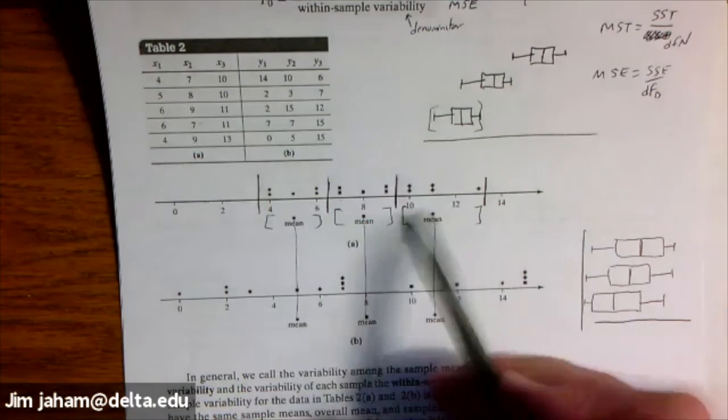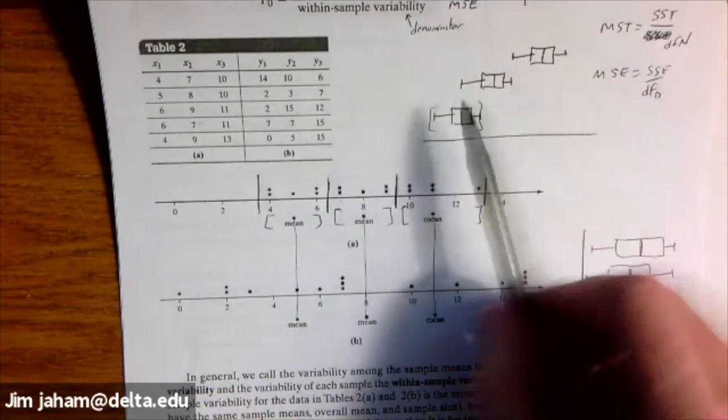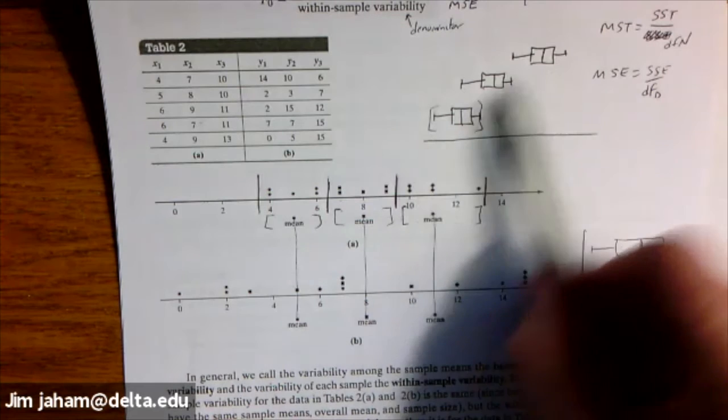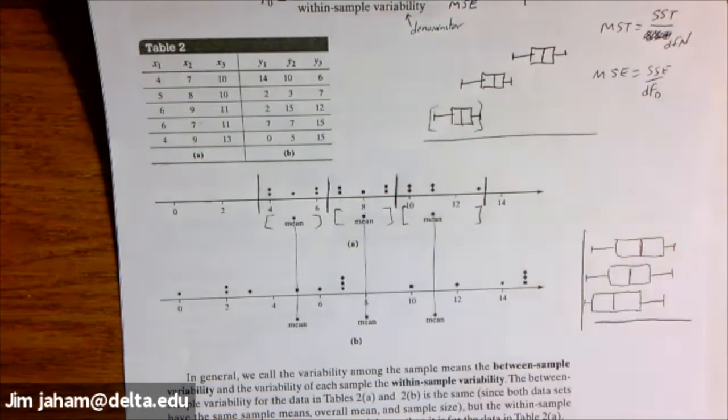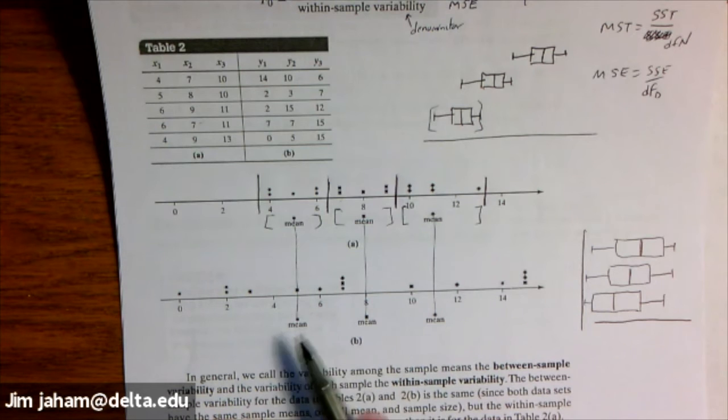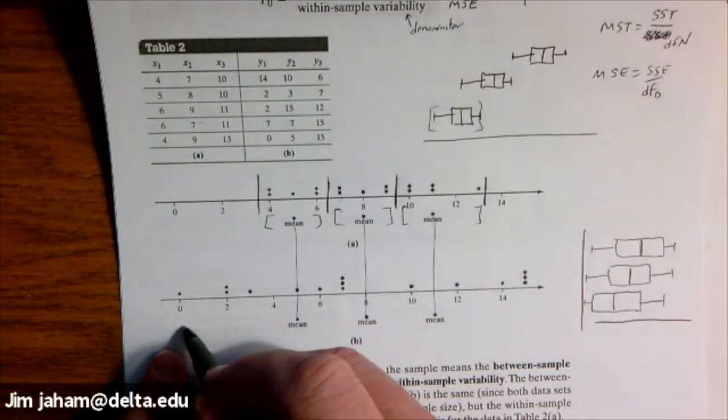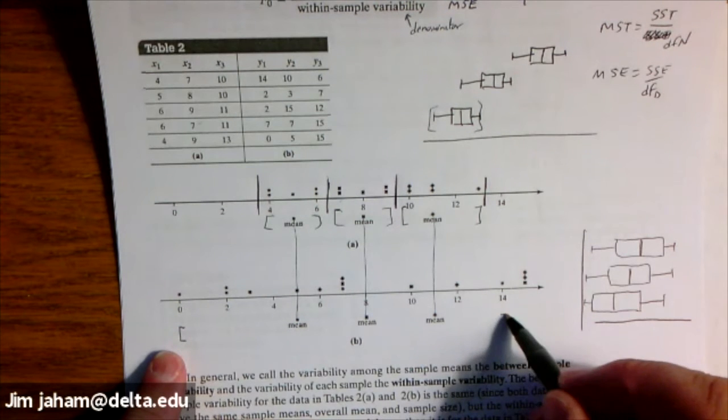So this picture here would look like this, and these box plots are shifted quite a ways apart from one another. Whereas this one here, and you can't really see it here, but you've got this mean of the y's, and so here the mean is 5, but it comes from taking values from 0 to 14.